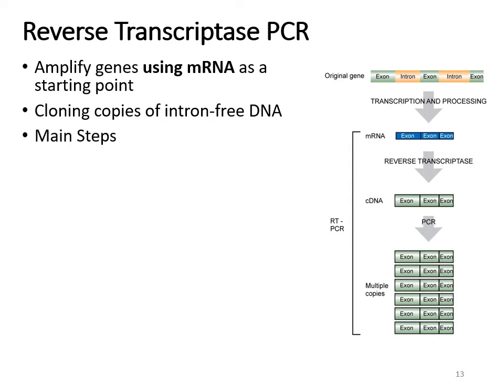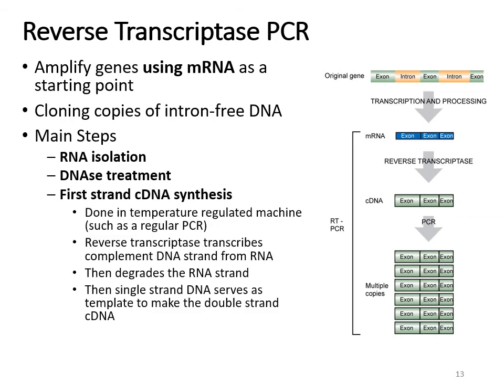So the main steps of a reverse transcriptase PCR: first you have to isolate that RNA, the mRNA. You then clean it up to get rid of any DNA that might be contaminating it. And then you do what's called first-strand cDNA synthesis, and you do not have to memorize these steps of first-strand synthesis.